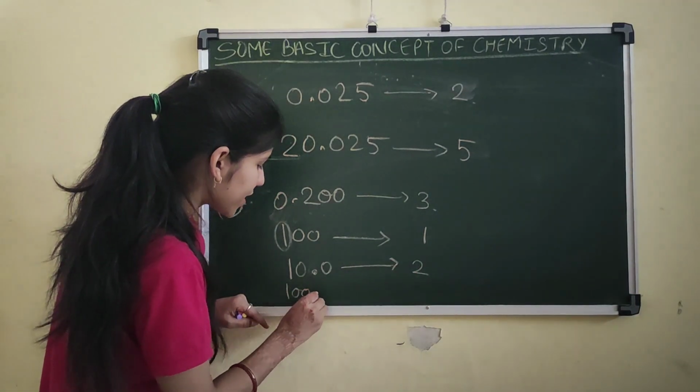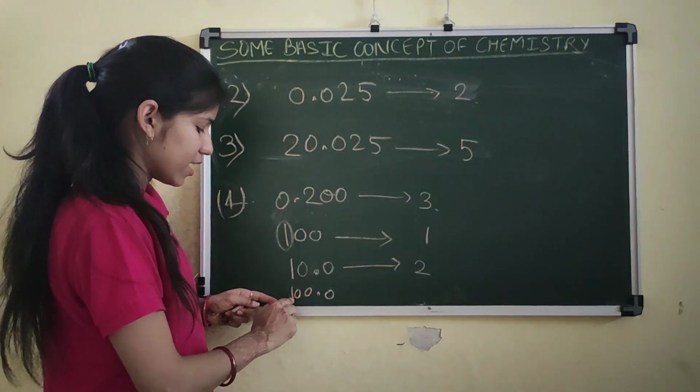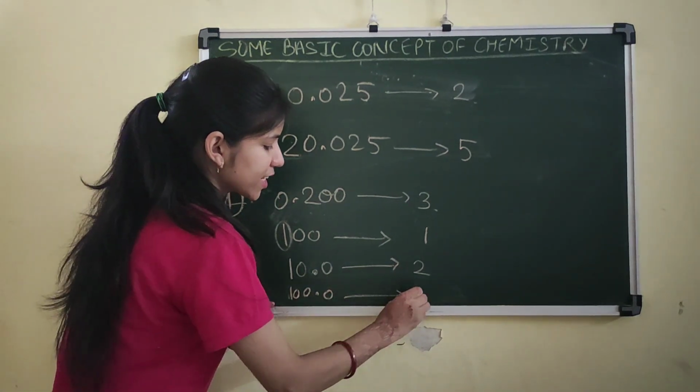If there is 100.0, so there are 1, 2, 3, 4 significant figures.